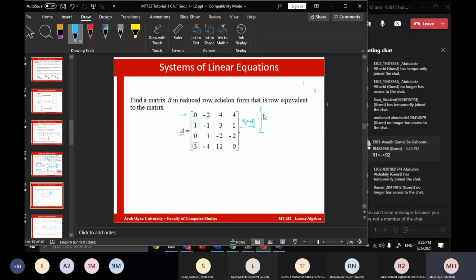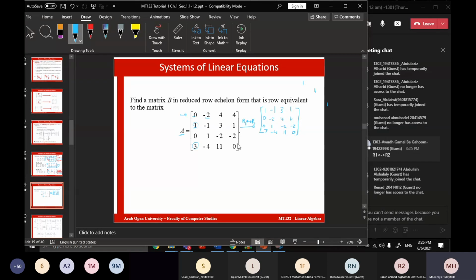So what we get, our new matrix, is going to be 1 minus 1 and then 3 and then 1, correct? And then here 0 minus 2 and then 4 and this 4, and then 0 1 minus 2 and then minus 2, and then 3 minus 4 and then 11 and then this one 0.